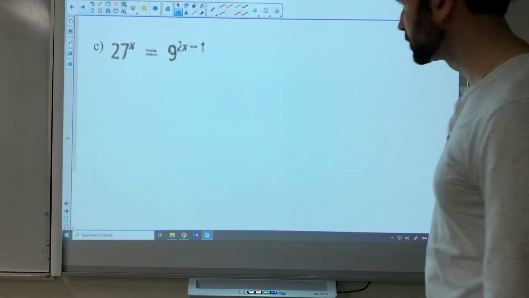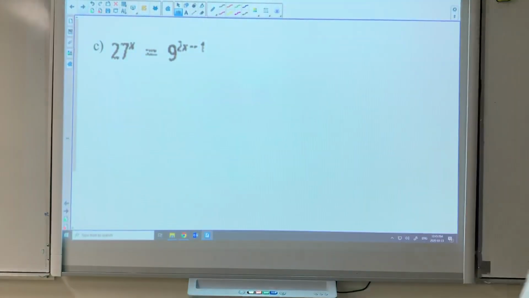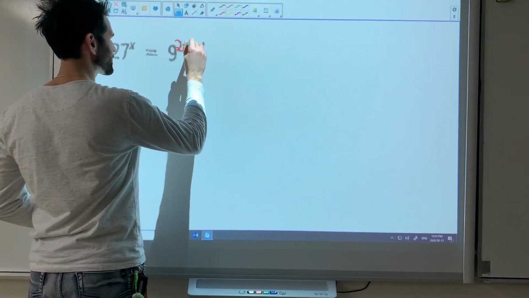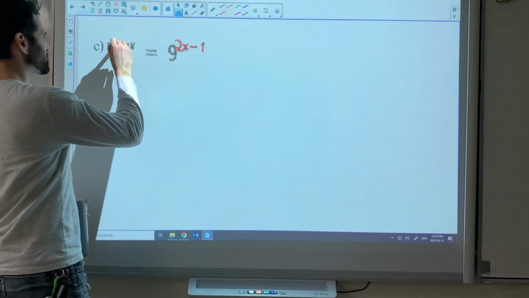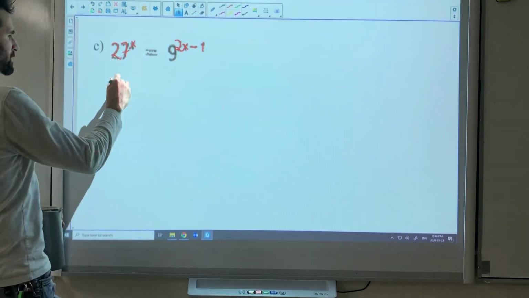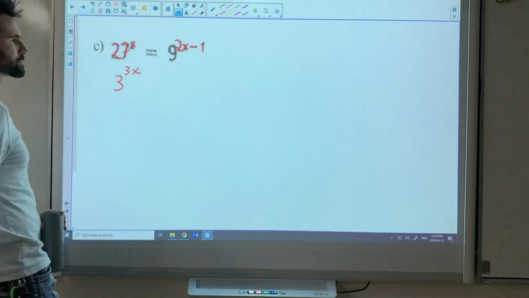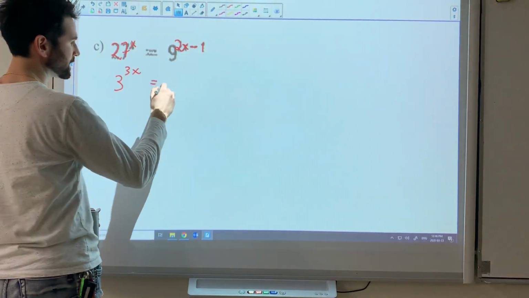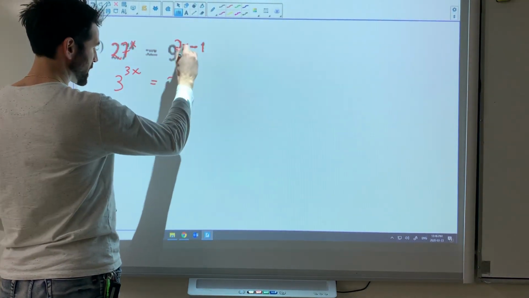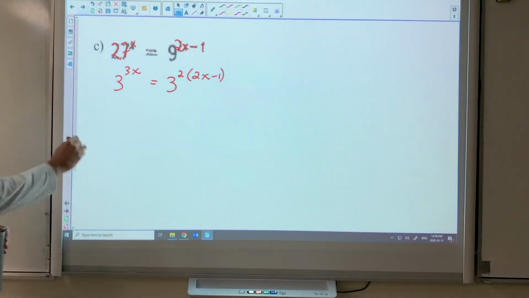Oh boy. So we got 2, and boy, that looks like, is that 2x minus 1? Yeah. I don't know how well it came through, but that's 2x minus 1, and that's 27 to the power of x. Well, 27 is 3 to the power of 3. So 3 to the power of 3 times x, so 3 to the 3x. 9 is 3 squared. I have a binomial, so I write 3 squared, open a bracket, rewrite the old exponent there. Got the same base.